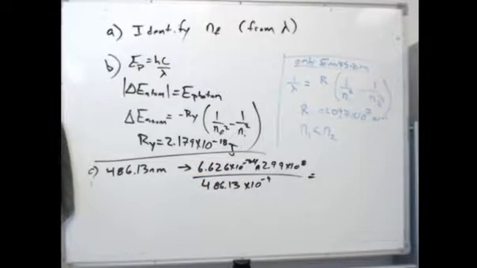If we can calculate this, we've got 3, we've got like 5. I can't do that in my head. If you've got a calculator, help me out. So, 3 times 6.6 divided by 4.86. I can't do that in my head.